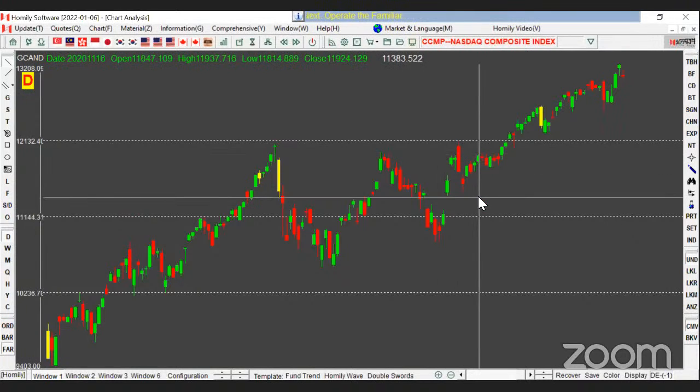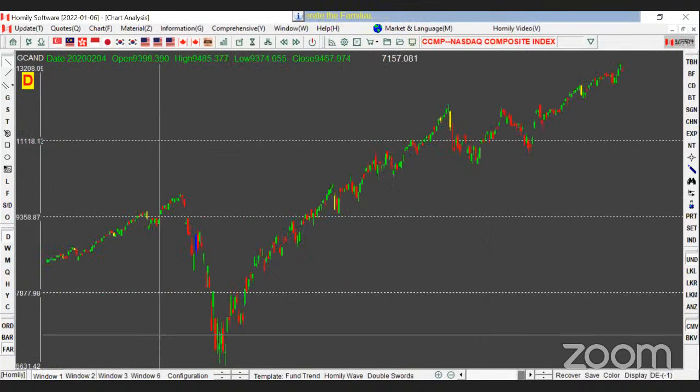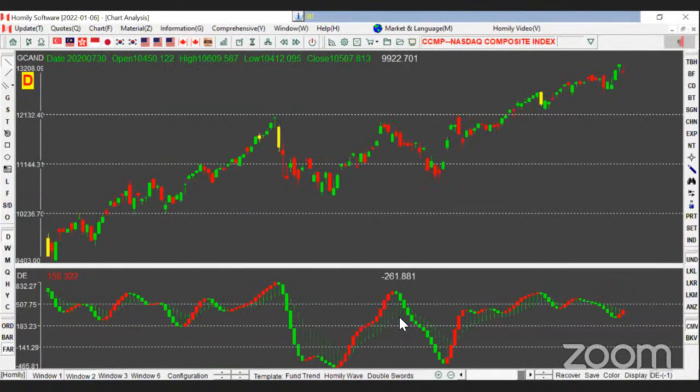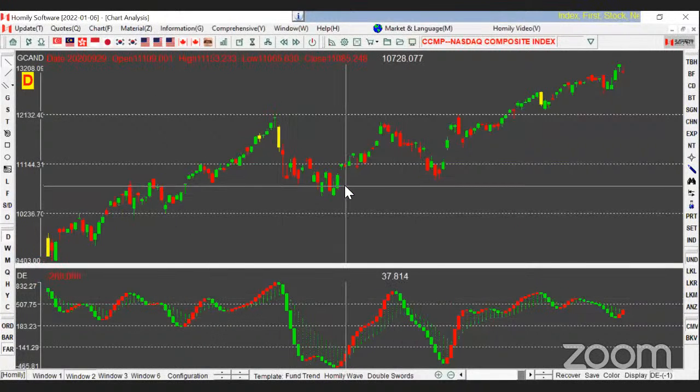So for the US market, NASDAQ, you remember I previously mentioned the bearish divergence for NASDAQ and also for the other 2 indexes. Later we will also check those.